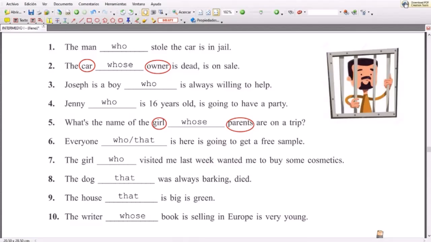Y pudo haber usado en el ejemplo 8 which or who? Who? No, not who. Which could be "which parents on a trip". Yes, cuyos padres están. Could be, but not who.